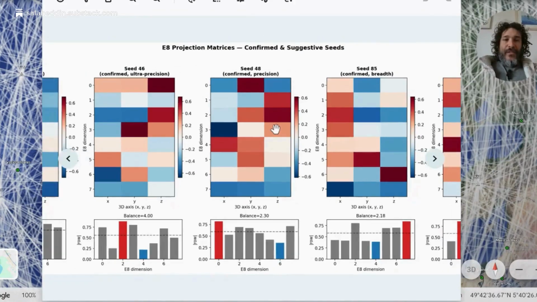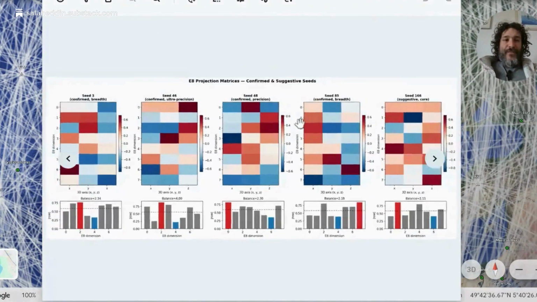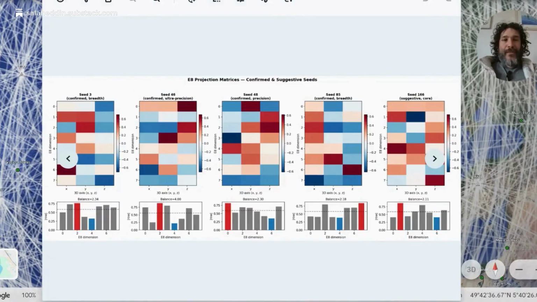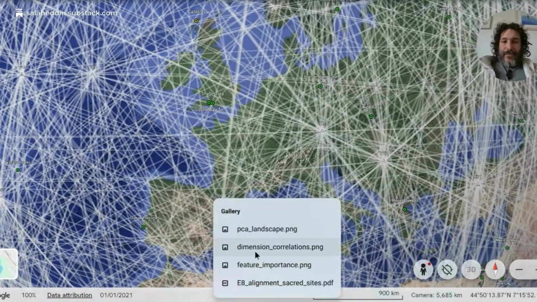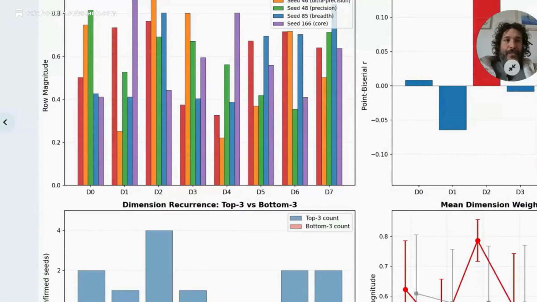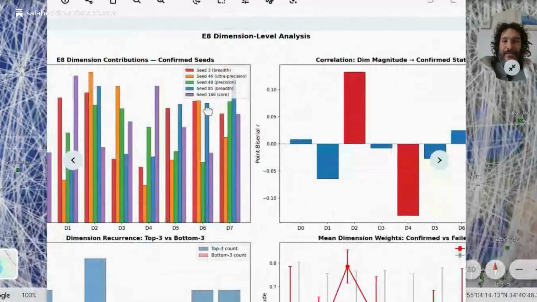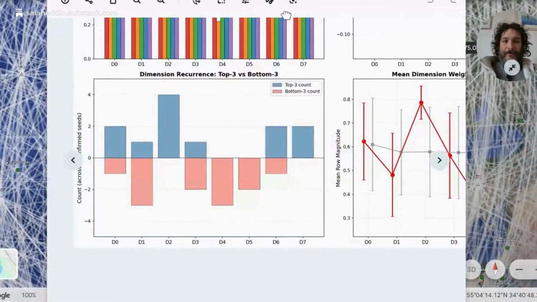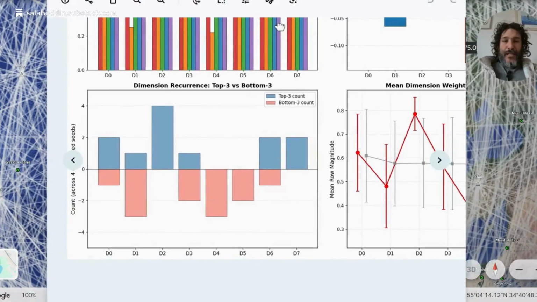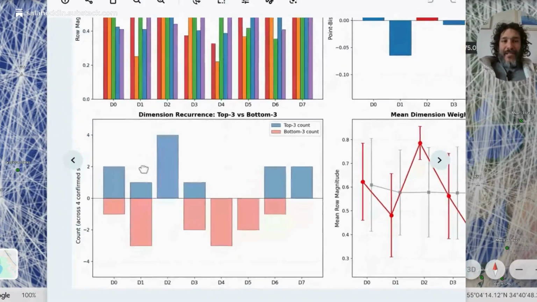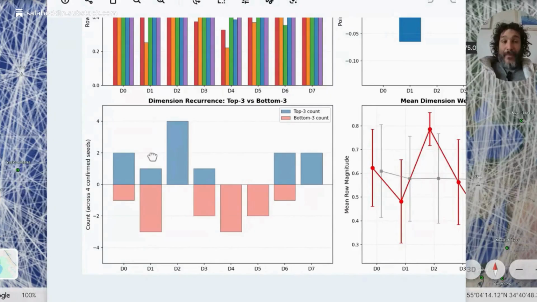Now we're going to look at a different figure, which I call dimensional correlations. So let's have a look. We're looking at the bottom left of this figure, the recurrence bar. This chart makes the pattern unmistakable.